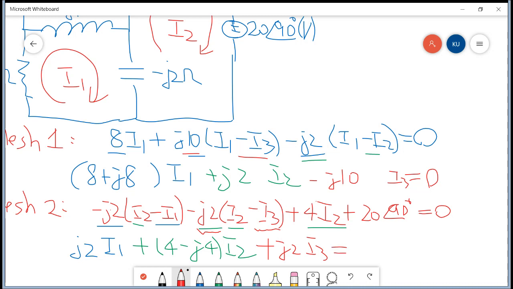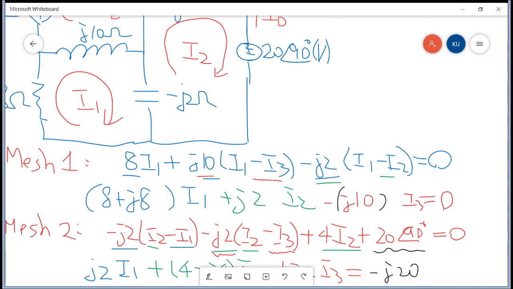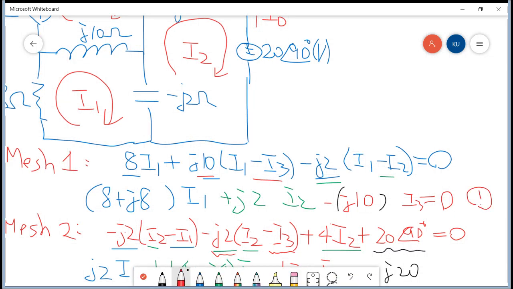And this one we move to the right hand side. 20 at 90 degree is actually 20J, and then we move it to the right hand side, so minus 20J. So we have first equation, second equation.